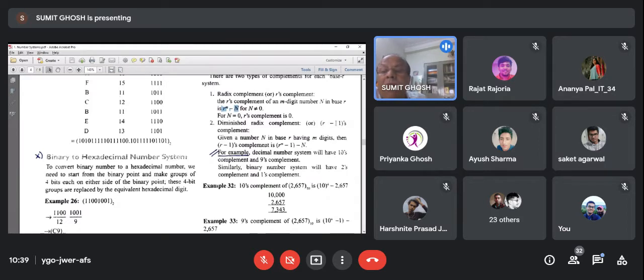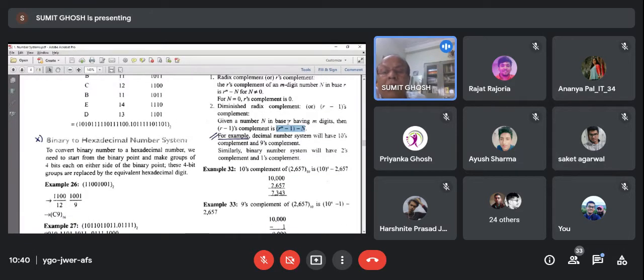But if you have R minus 1's complement, for example 1's complement or 9's complement, then it is given as: the earlier one was R to the power of m minus n, and this is R to the power of m minus 1 minus n, one less than the earlier one. Now we'll go to examples, and everything will be clear. For example, the decimal number system will have 10's complement and 9's complement. Similarly, the binary number system will have 2's complement and 1's complement.